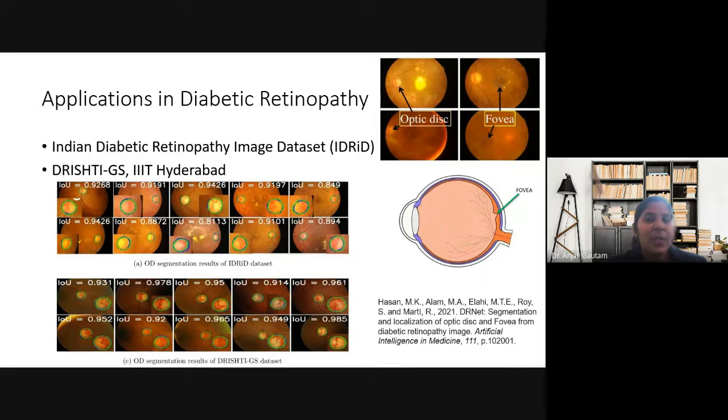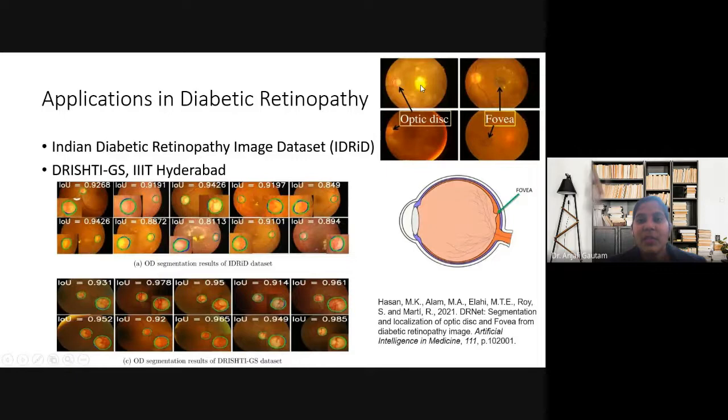From this retinopathy image, you can find out where the fovea exists in your retina image. And the other one: these are the light regions you can see here. Let me see here, these are the regions. So what is basically this?